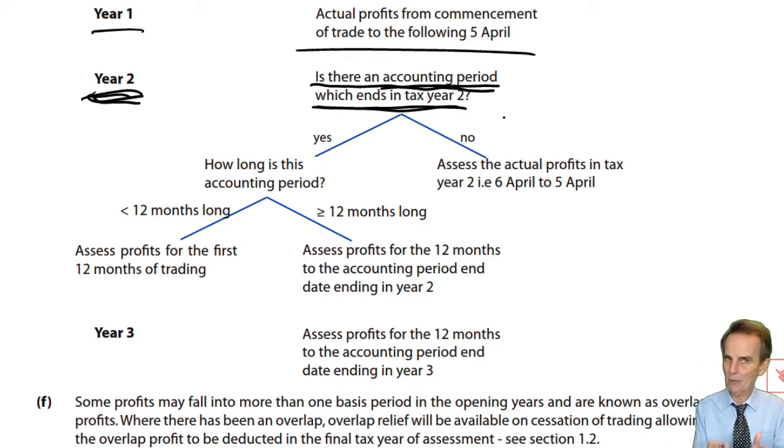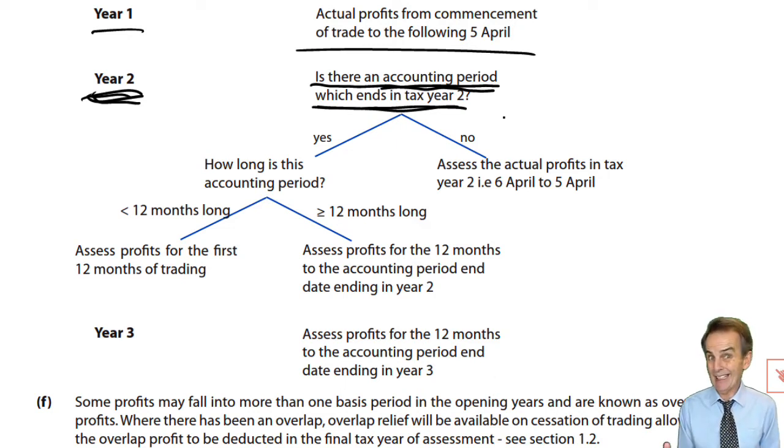Now, as we've said, if it were an accounting year ended in that second tax year, it would be current year basis you use. So if you have an accounting period that ends in the second tax year, but it isn't a year, it must be one of two things. It's either going to be a period of less than 12 months, a short period ending in that second tax year, or it will be a period of more than 12 months that ends in that second tax year, a long period ending in that second tax year.